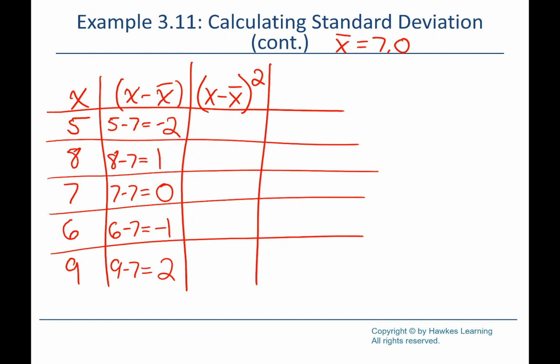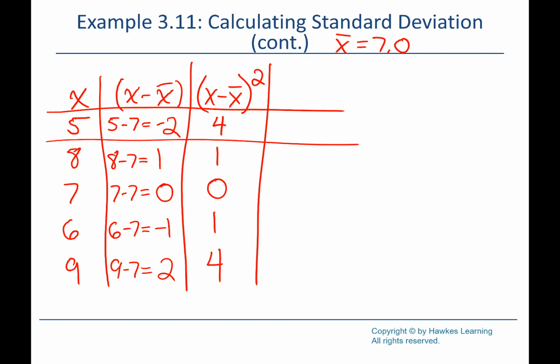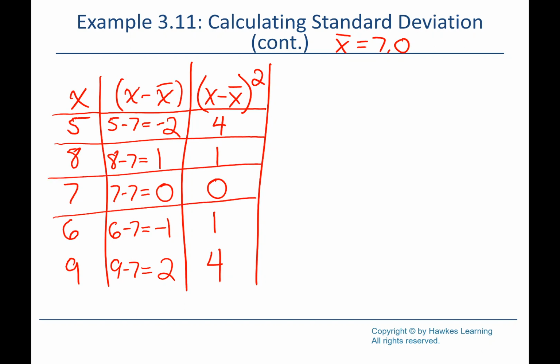So -2 squared gives me +4. 1 squared is 1. 0 squared is 0. -1 squared is +1. 2 squared is 4. And I really made all my lines too long here. So there's the part where the little table is helpful.